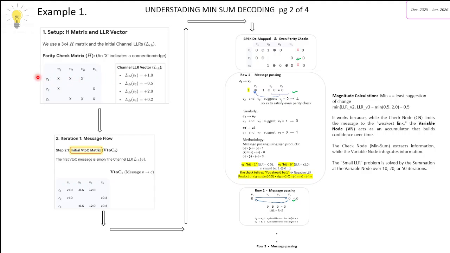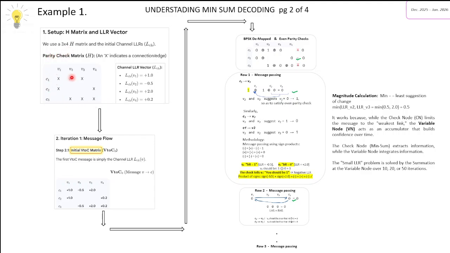This is the parity check equation. The parity check equation says V1 XOR V2 XOR V3 should give us 0. And parity check equation 2 says V1 XOR V4 is also 0. We have designed these equations so that they satisfy this even parity check rule. Similarly, parity check equation 3 says V2 XOR V3 XOR V4 equals 0.